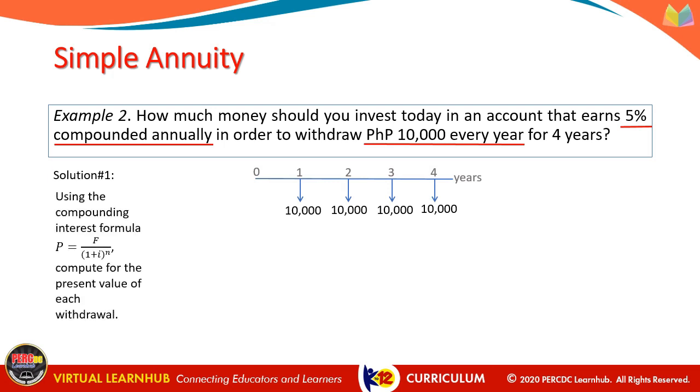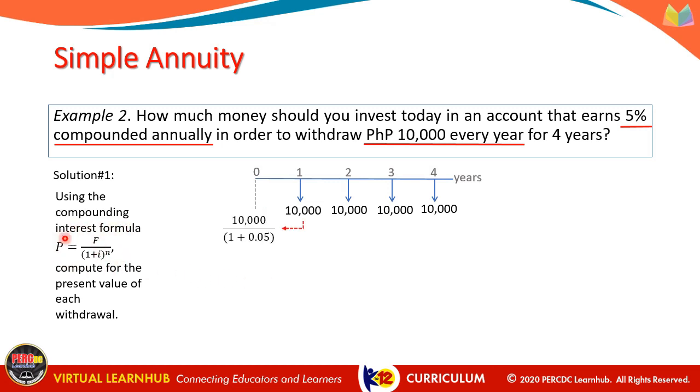Okay? Using the compound interest formula, P is equal to F over (1 plus i) raised to n. Remember this one? This is our formula for compound interest computations, right? Compute for the present value of each withdrawal. Let's bring this 10,000 at the end of first year to time equal to 0.